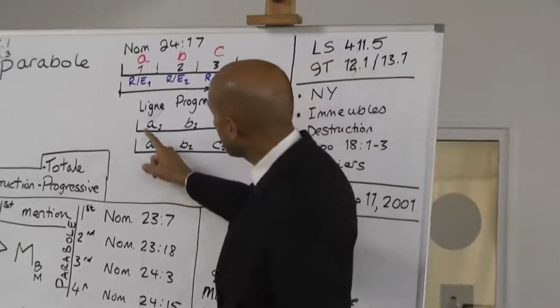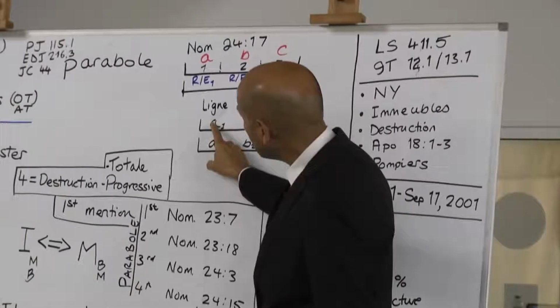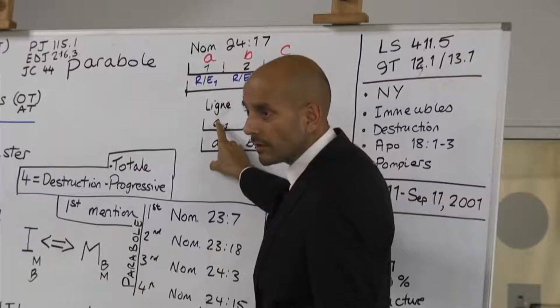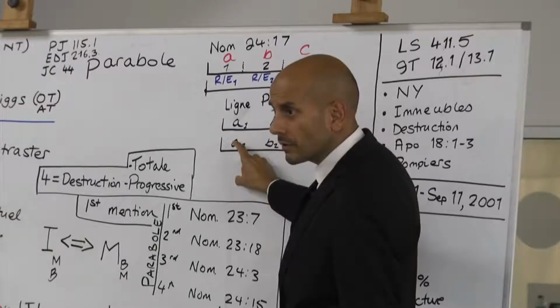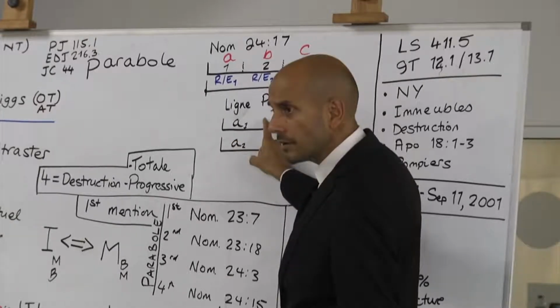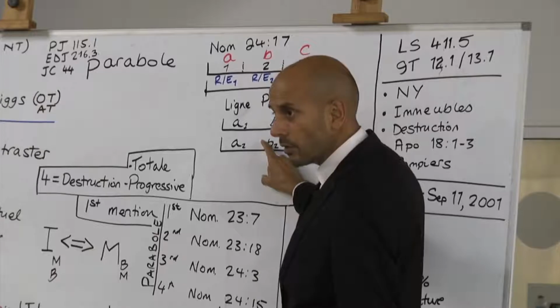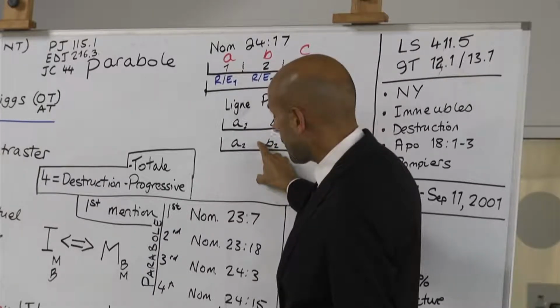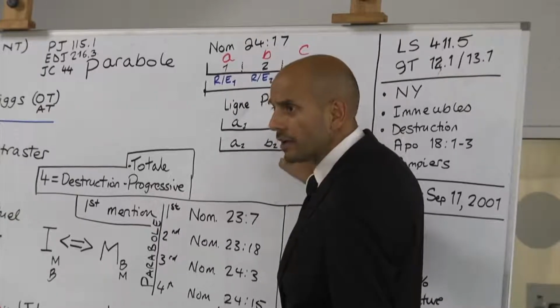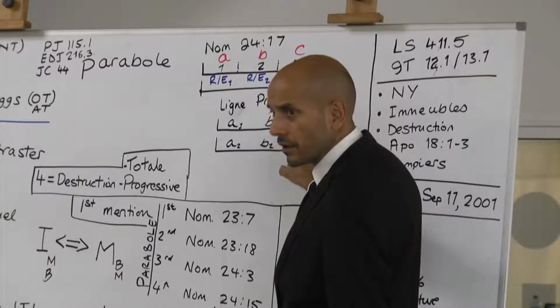"I shall see him, not now," A1; "not nigh," A2. Jacob, B1, and Israel, B2. Star and scepter. Moab and Sheth.